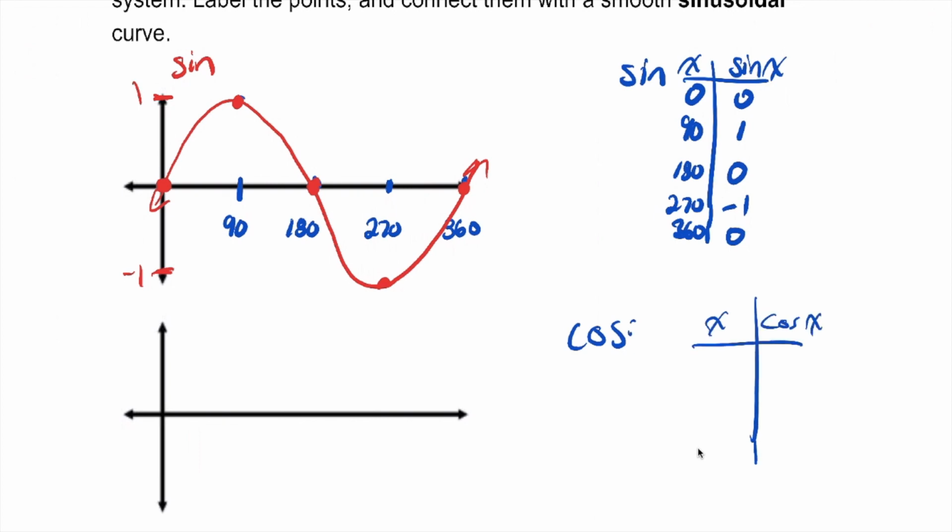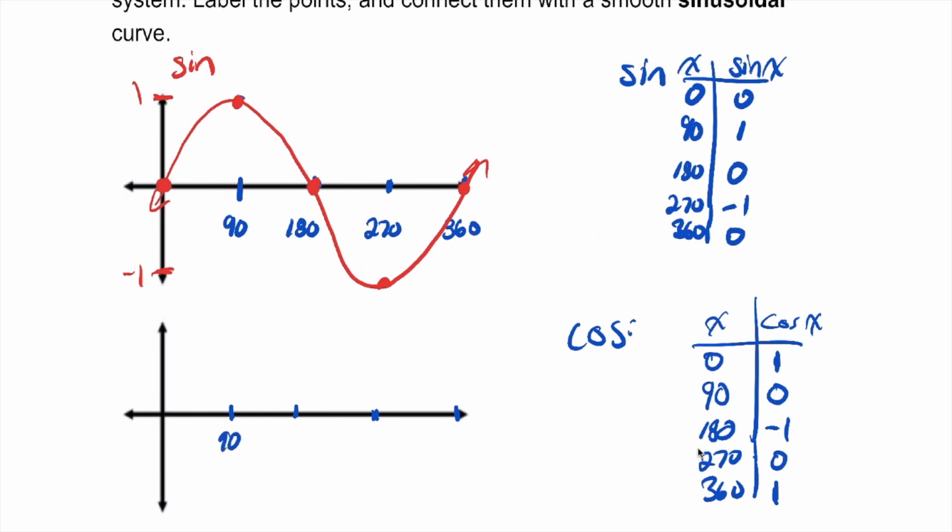So we're going to look at the exact same x values of 0, 90, 180, 270, 360. So here cos of 0 is 1, cos of 90 is 0, cos of 180 is minus 1, cos of 270 is 0, and cos of 360 is 1. Okay, so we're going to have the exact same scale, or the same exact 4 intervals of our graph. And that's what we're going to eventually see as well, is that our sine and cosine curve are broken up into exactly 4 intervals.